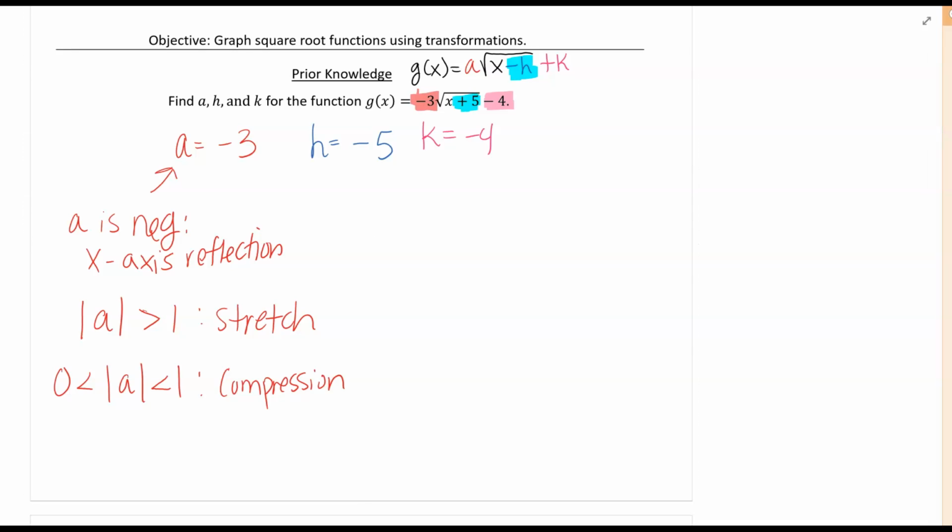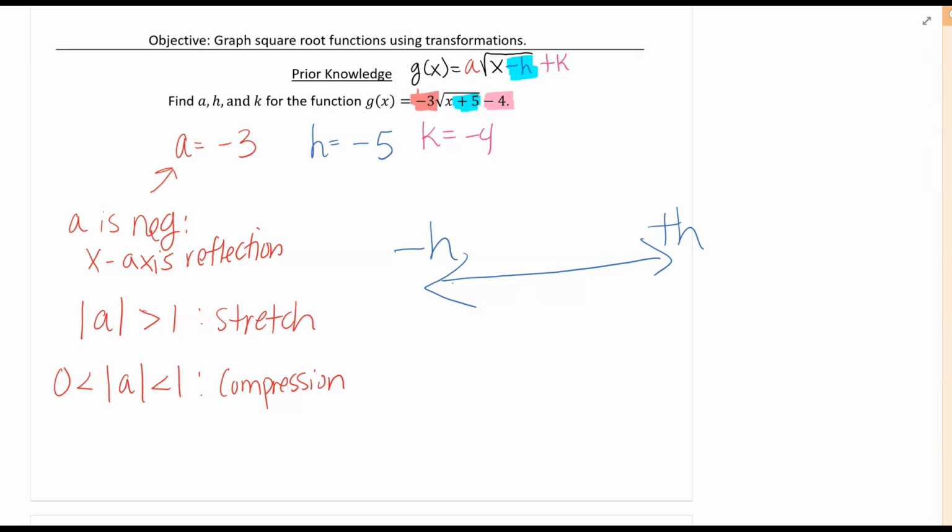So H goes left to right. How do we know if it goes to the right? If h is positive or negative? Positive. So if I have a positive h, I gotta go to the right. If I have a negative h, then we go to the left. Okay?